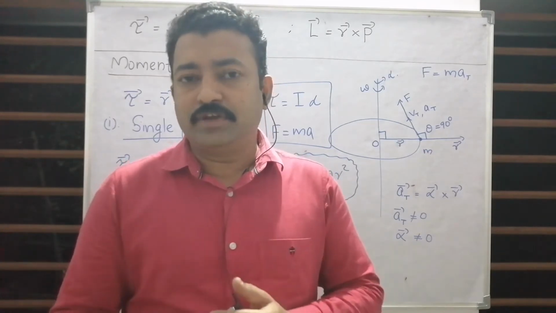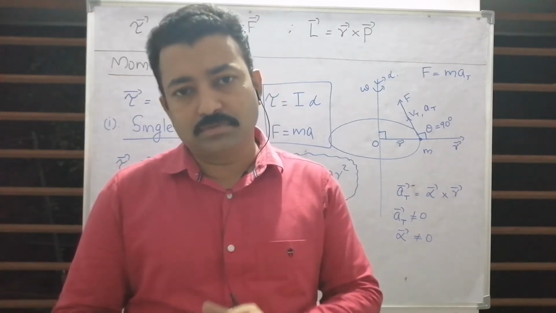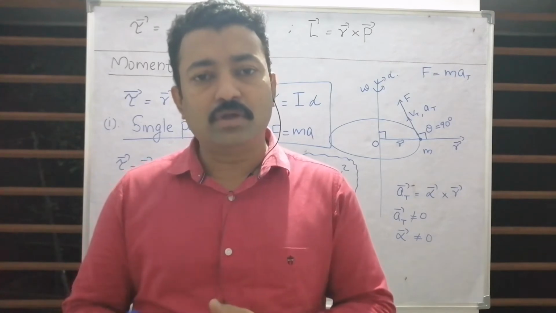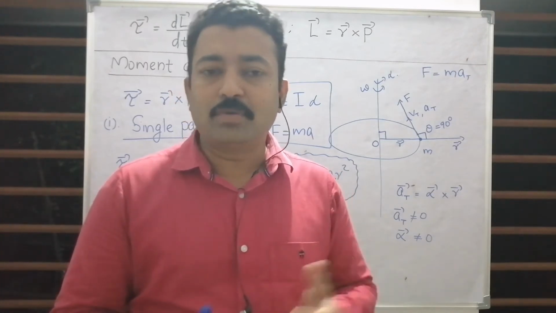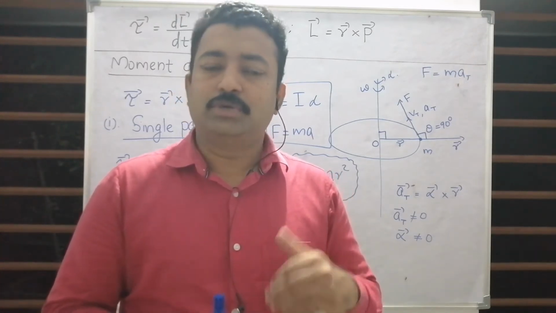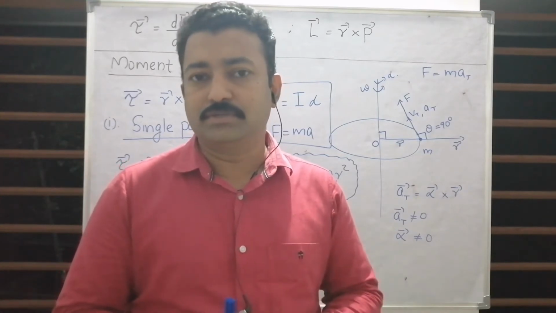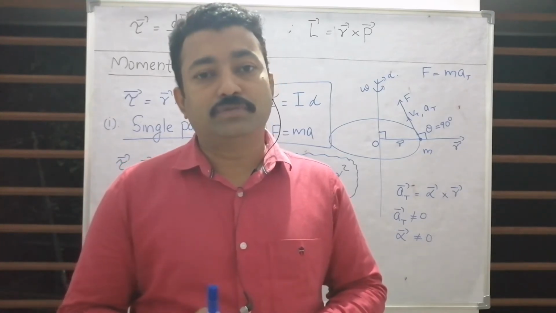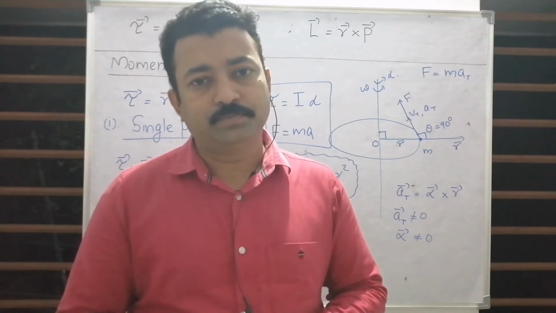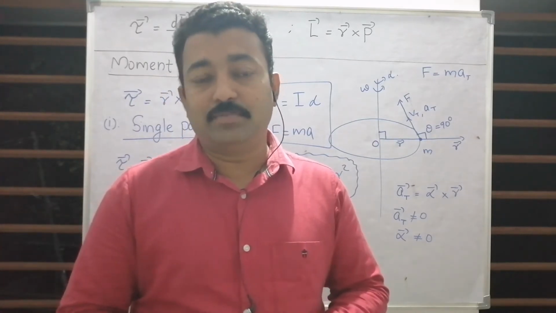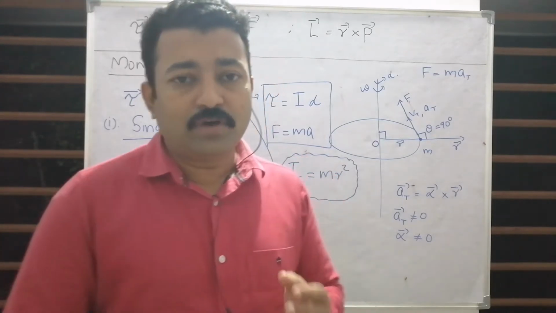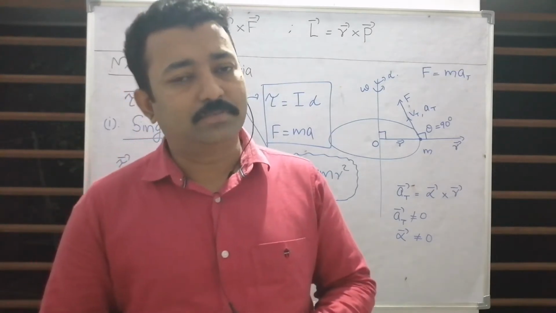Moment of inertia is defined as the analogous quantity of mass in rotation, or we can call it that property of an object by which it opposes any change in its state of rest or motion with a uniform angular velocity unless it is acted on by an external unbalanced torque. And we found the expression for a single particle.